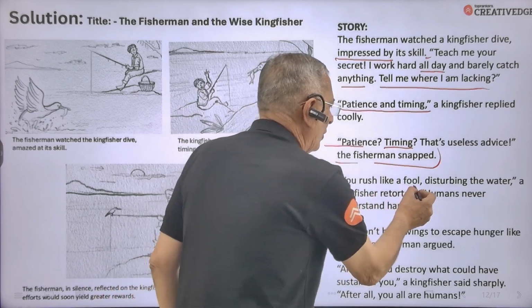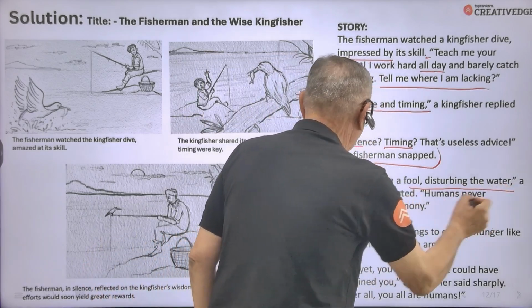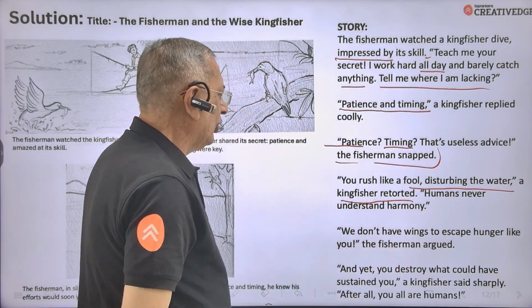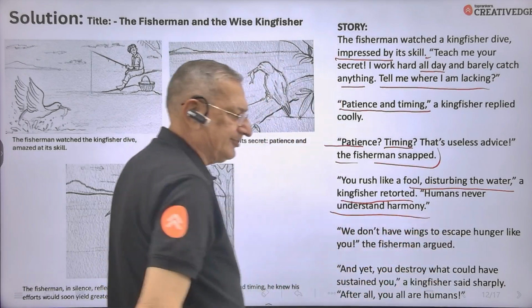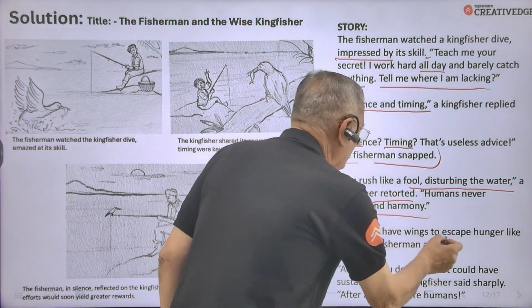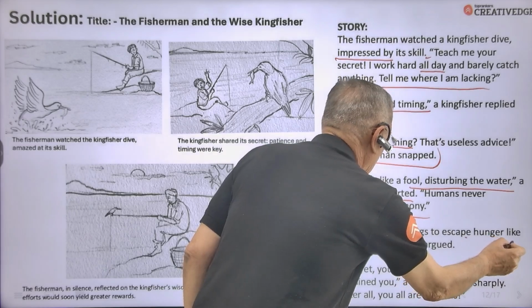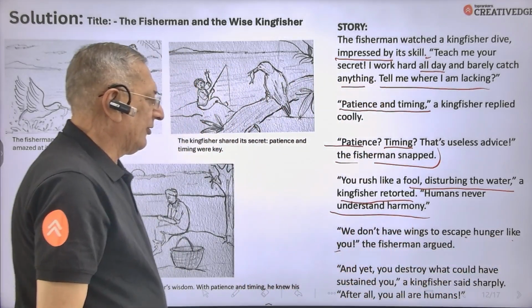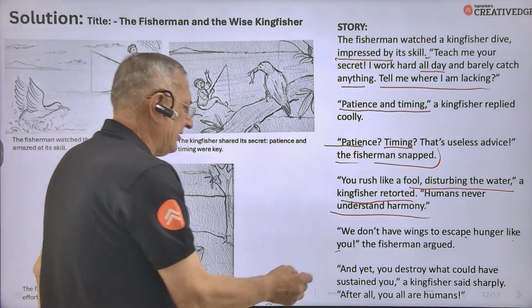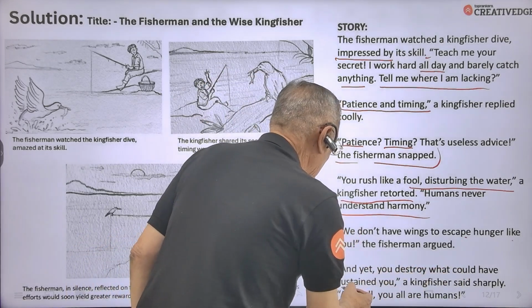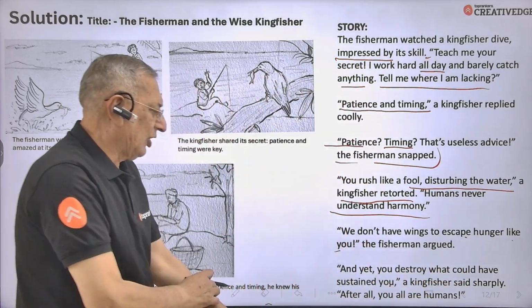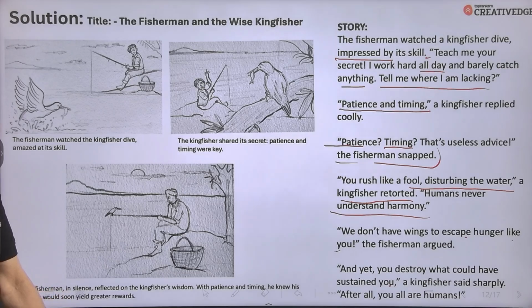"You rush like a fool, disturbing the water," the kingfisher retorted. "Humans never understand harmony." "We don't have wings to escape hunger like you," the fisherman argued. "And yet you destroy what could have sustained you," the kingfisher said sharply. "After all, you all are humans."